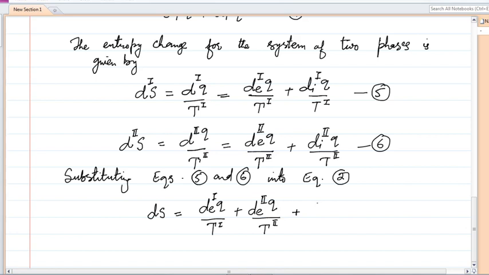So we write only one term in place of diq first, take dQ common, and write it as 1 upon P1 minus 1 upon P second. Simply we have used equation 4. So this is equation 7.